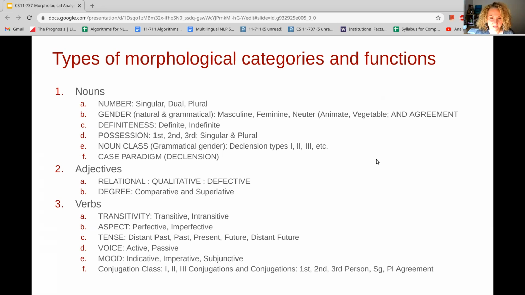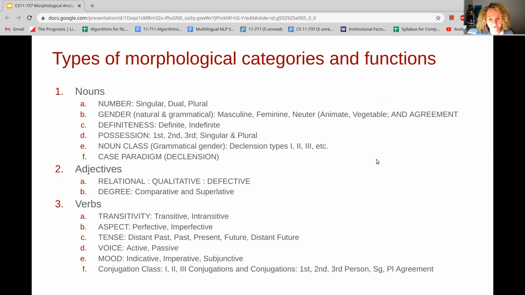There is a different class corresponding to trees, plants, body parts, and another class corresponding to foods, and so on. And there is a separate class for singular animate nouns versus plural animate nouns. So these are semantic classes, and different morphological rules, different prefixes and suffixes, are applied to different classes.